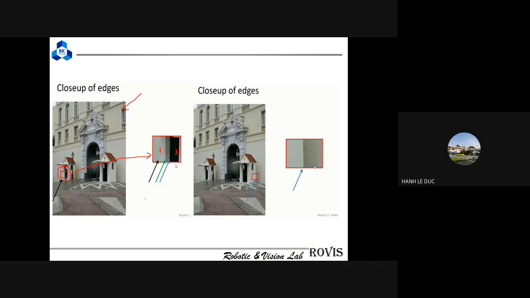So this is like the ramp. From here you can see that this will form the edge here. So this is how the edge is formed.